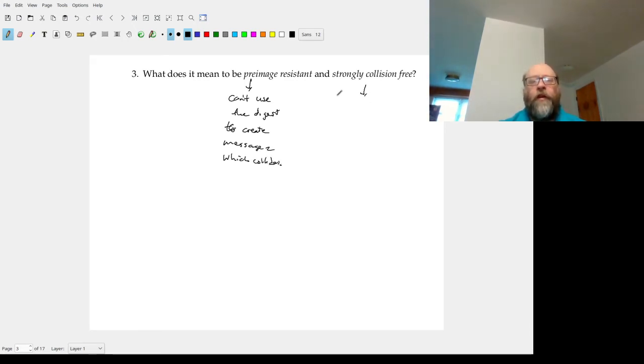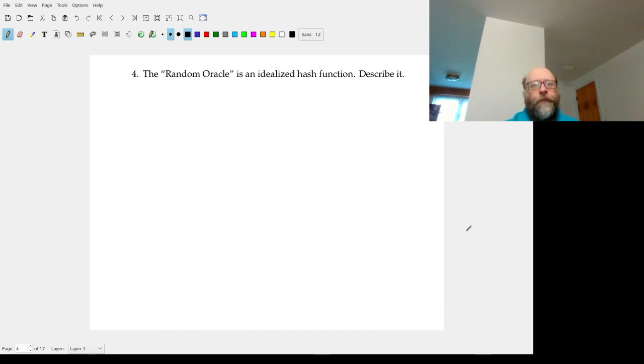And strongly collision free is that we can't use the original message to create a second message. Okay. So no part of the algorithm gives me something I can leverage to create a collision. If I create a collision, I have to be able to just reverse the algorithm itself.